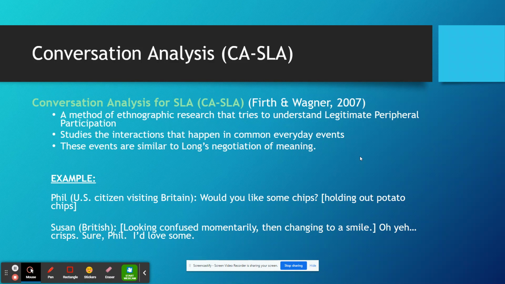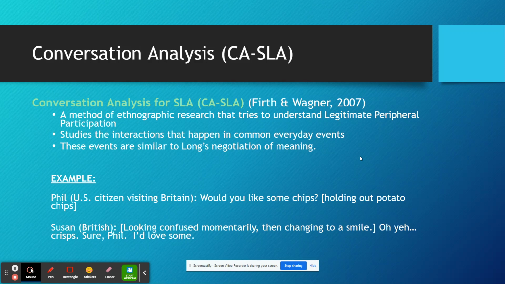That community in this situation is people who use British English instead of US English. In other words, notice he's joining that community by participating in that community. It's the community of people who say crisps instead of chips.